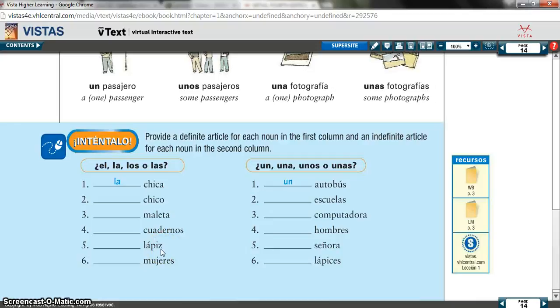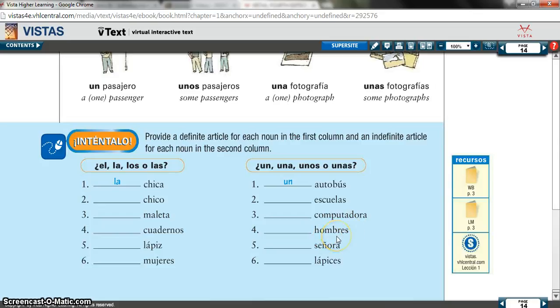Here, this one's hard to remember a little bit, so again with memorization, it's el lápiz. It's a masculine word. El lápiz. Mujeres, you know that mujer means woman, so it's feminine, and then it's plural, las mujeres. Over here, un autobús. Escuelas, feminine and plural, unas escuelas, some schools. Computadora, feminine and singular, una computadora.